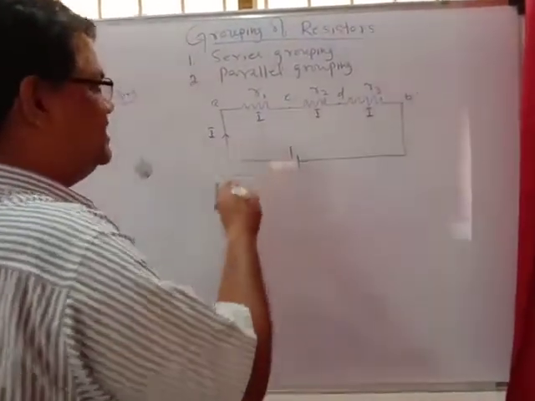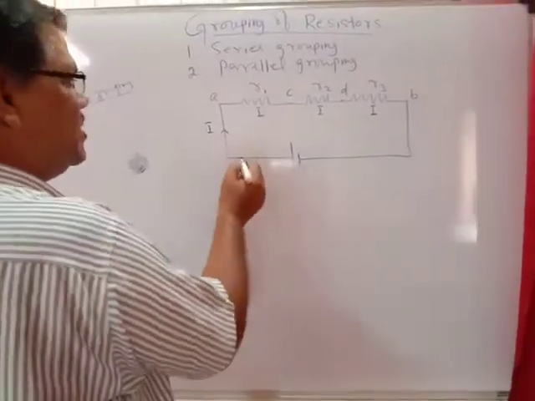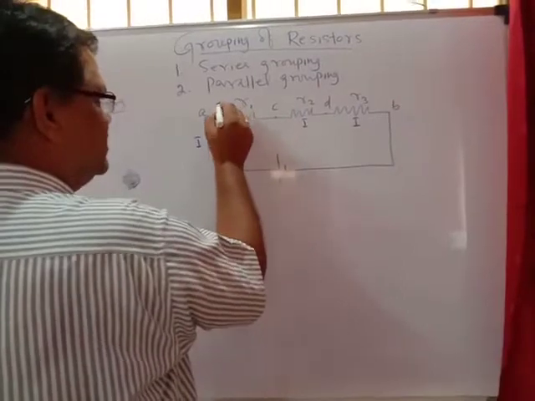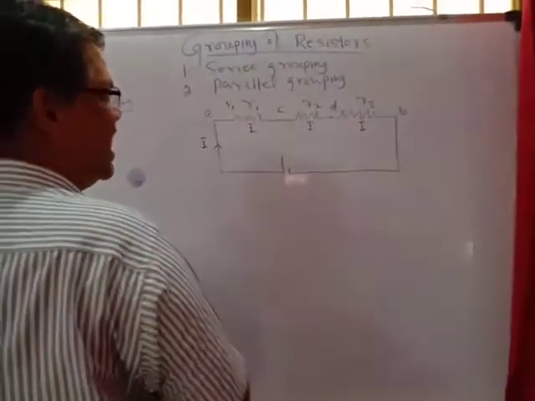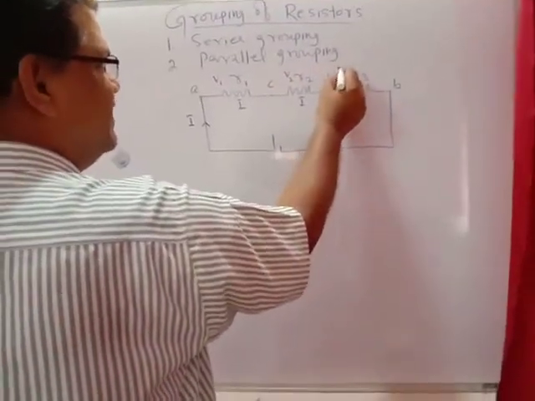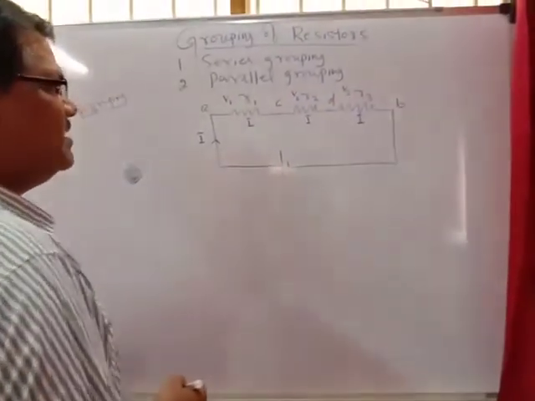Suppose current I is drawn from the cell, the PD maintained across the resistors is V1, V2 and V3. So what will be the net PD?